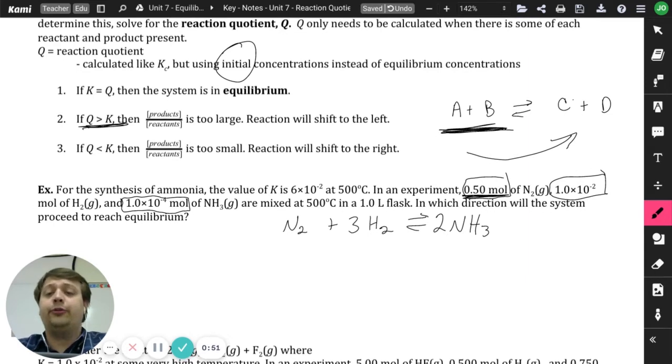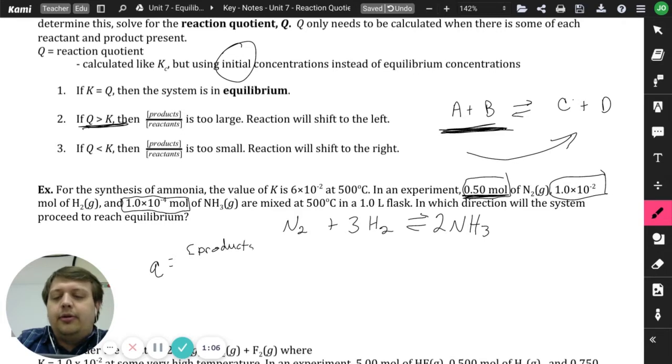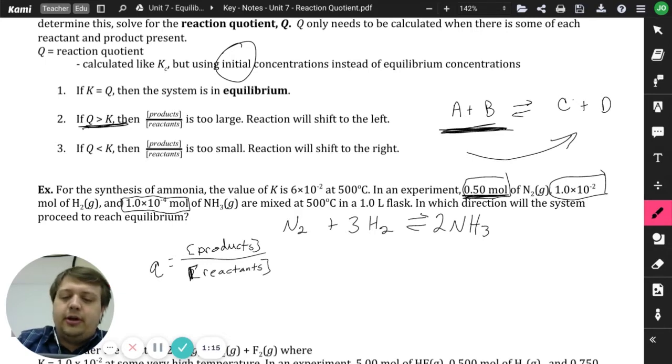So now what we do is we solve for Q. How do we solve for Q? Well, we're going to use the same idea as the equilibrium expression. We're just going to call this a Q expression, but it's the same thing. So Q equals the concentration of the products over the concentration of the reactants.